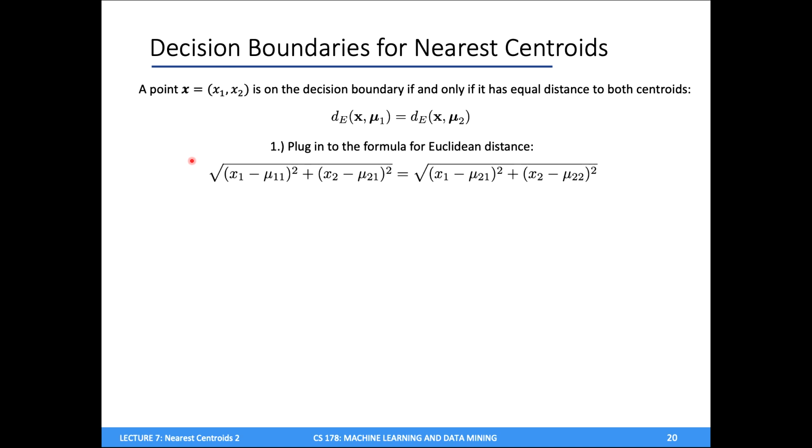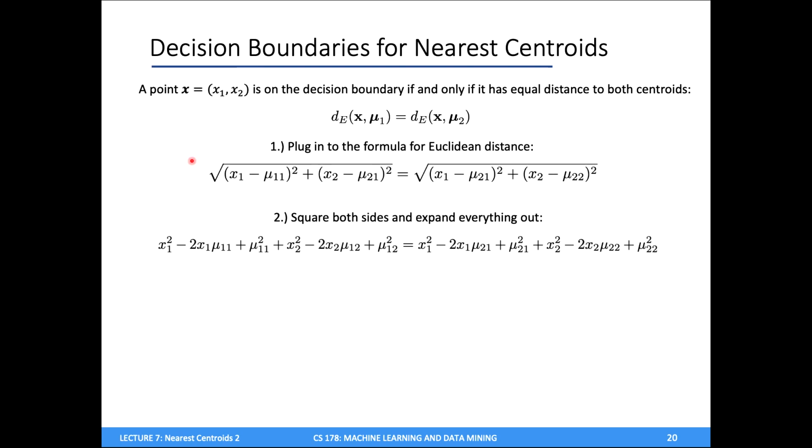Okay, anyone want to suggest what I should do next? Yeah, so square both sides. So I'll do that, and I'll do a little bit more. I'm going to square both sides and expand out these quadratic terms here.